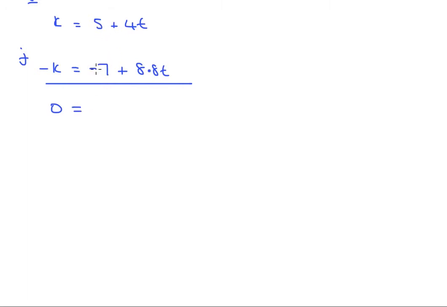So 5 minus minus 7 is going to be 12, and 4 minus 8.8 is going to be minus 4.8. So t is going to be 12 over 4.8, which is 2.5 seconds.